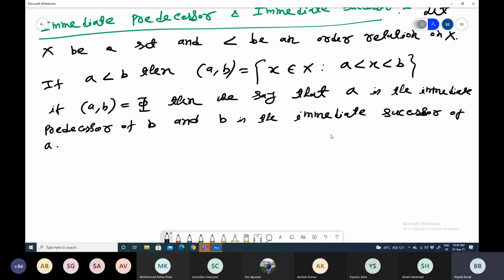So for example, if you take the natural numbers with the usual order, can you tell me what this open interval (1, 2) is?